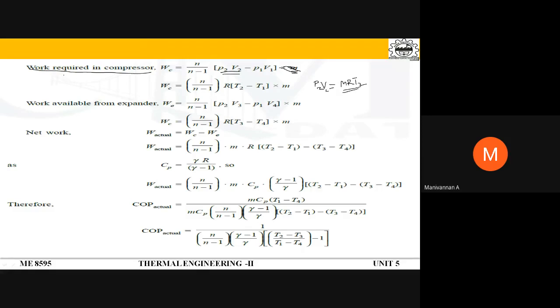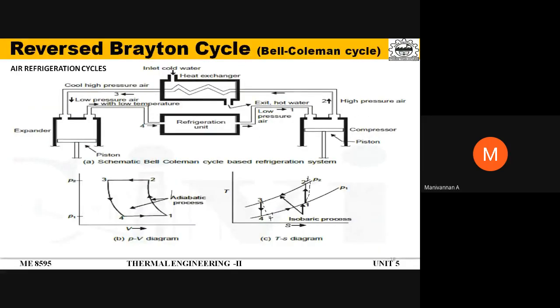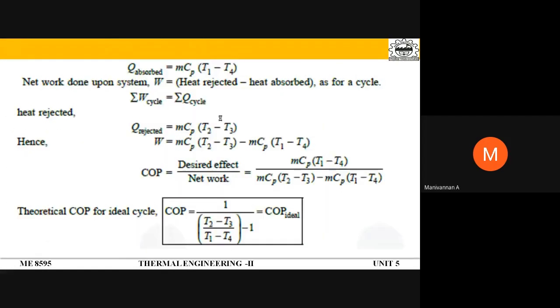The same thing is applicable for the expansion process that takes place in the expander. Work of expansion will be, from where to where are you expanding? We are expanding from 3 to 4. So pressure remains constant, right?